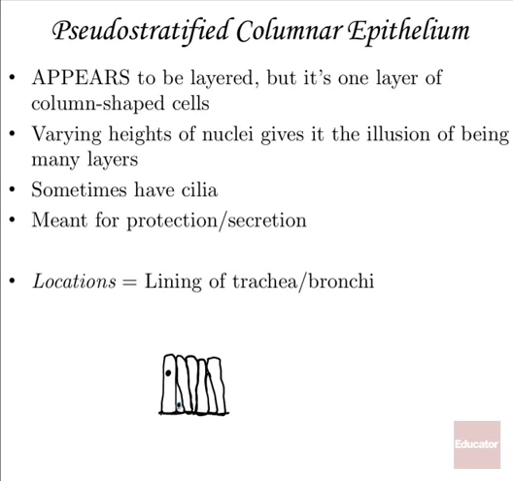But you'll see this. So because you have varying heights of nuclei, at first glance you might think, oh yeah, it's 2 layers, it's more than 1 layer. But it isn't. So it just appears that way. Sometimes these have cilia. Actually, oftentimes. It just depends on where.